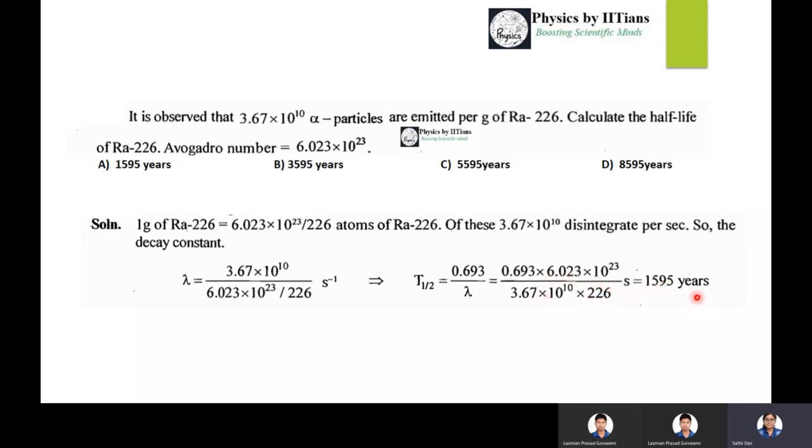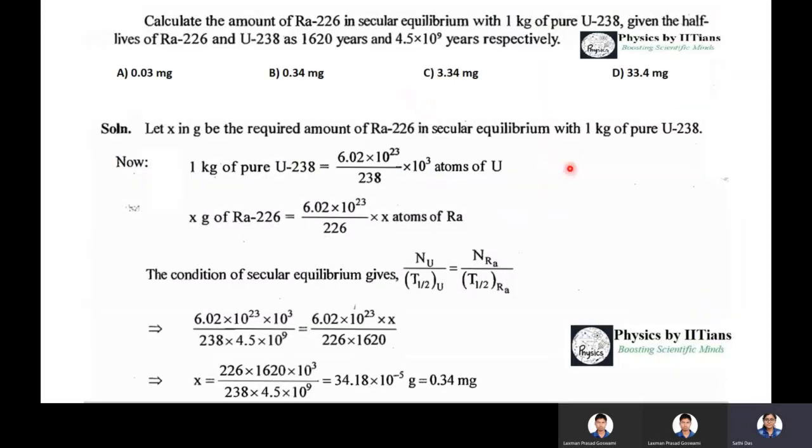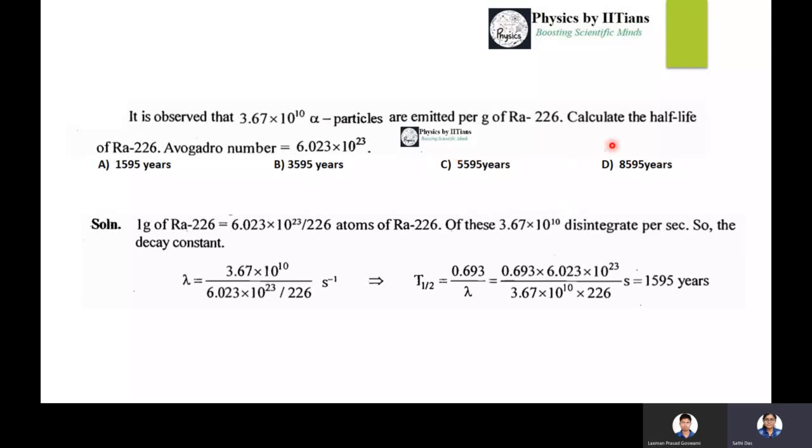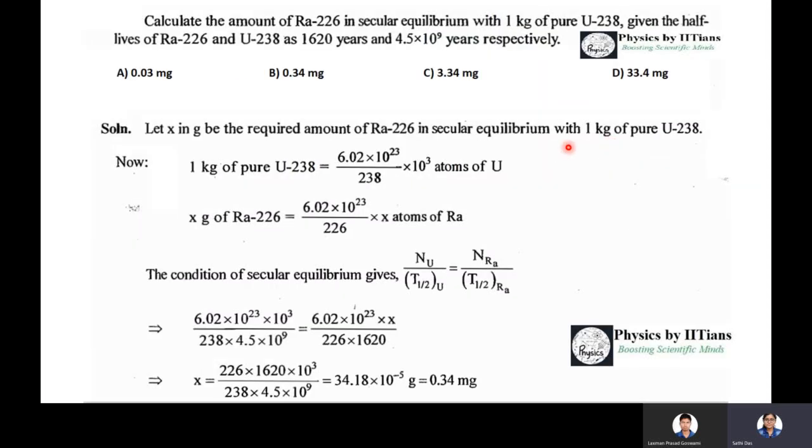This is 1595 years. So friends, you can have this kind of problems in the exam. So I think you can do it easily.